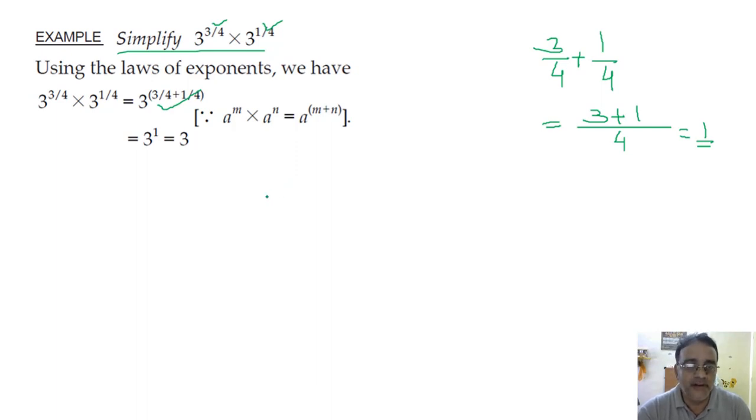One more problem we will see based on division. ठीक है, यहाँ पर भी दोनों का बेस सेम है and we are dividing these two. So which law do we have to use here? Sir, a to the power m divided by a to the power n is equal to a to the power m minus n, sir.